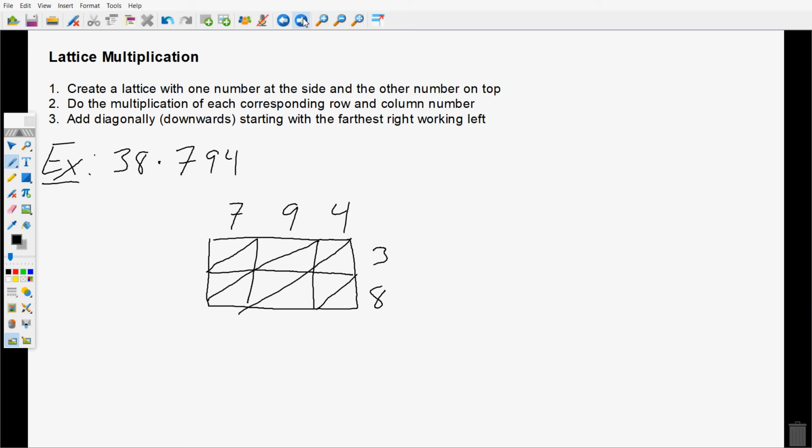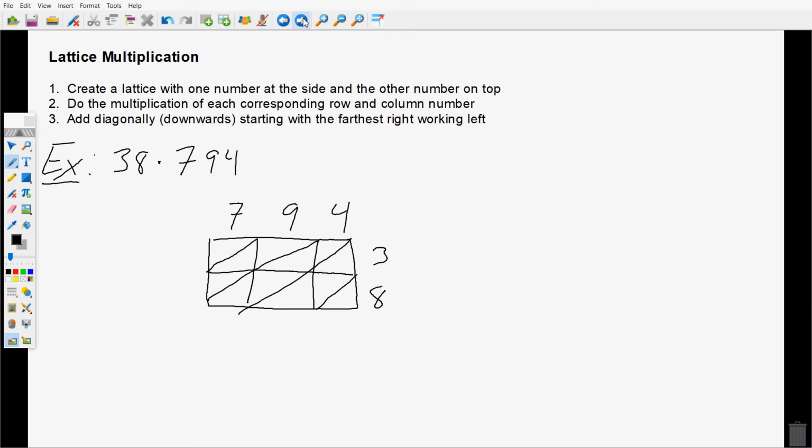Now it says, do the multiplication of each corresponding row and column number. Now the numbers I'm multiplying are 38 and 794. As I just mentioned, it usually looks better to have the larger number on top, so I put 794 on top and 38 downwards on the side.